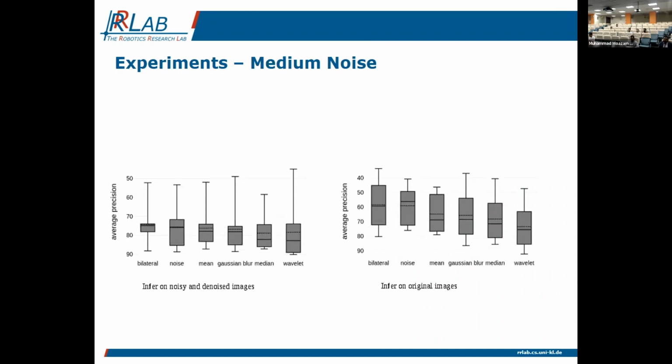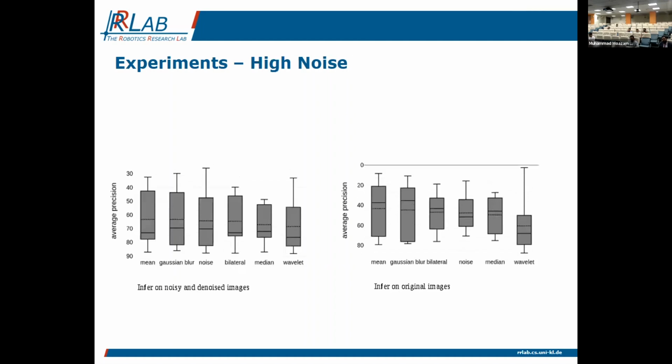So we see a similar phenomenon occurring at the medium noise level. Here we also have the wavelet filter that came out ahead of the others, and also here on the high noise level. So we can recover quite a lot of lost performance with the wavelet filter.